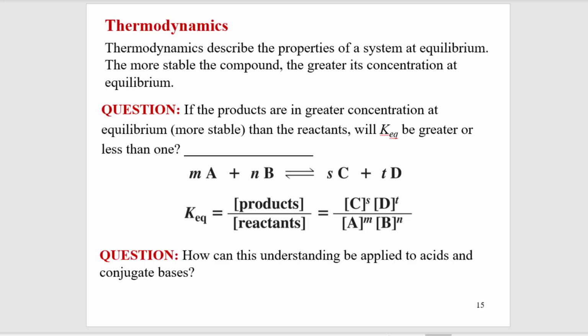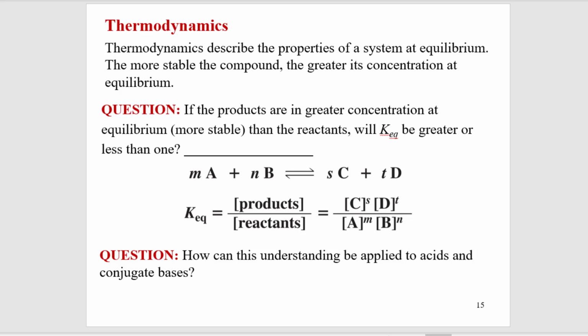So in order to do that, we're going to dive a little deeper into thermodynamics and kinetics ultimately. Now, thermodynamics, again, describes the properties of a system at equilibrium, right? So this is a little bit of a review from general chemistry.